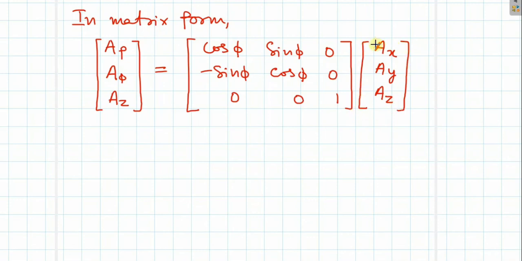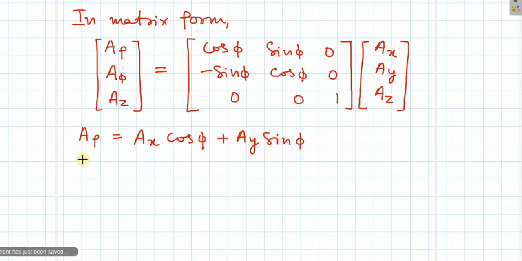Now if we have this Ax, Ay, Az, that is, the vector is given in Cartesian coordinates, then with the help of the unit vector transformation which I have discussed just now, we can transform it. So how can we write it? A rho will be Ax into cos phi, Ay into sin phi, and 0 into Az. So A rho is Ax cos phi plus Ay sin phi plus 0 into Az.